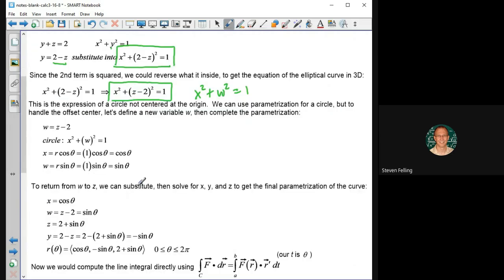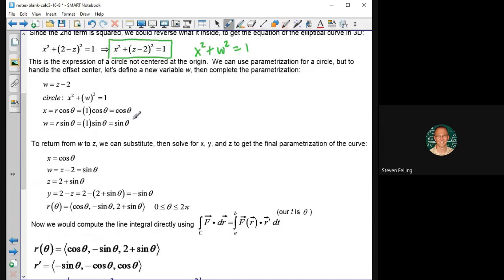But we don't really have w as one of the variables. That was based on the fact that w is equal to z minus 2. So z minus 2 is equal to sine, and therefore z would be 2 plus the sine of theta. So x would be cosine theta, z would be 2 plus sine theta.